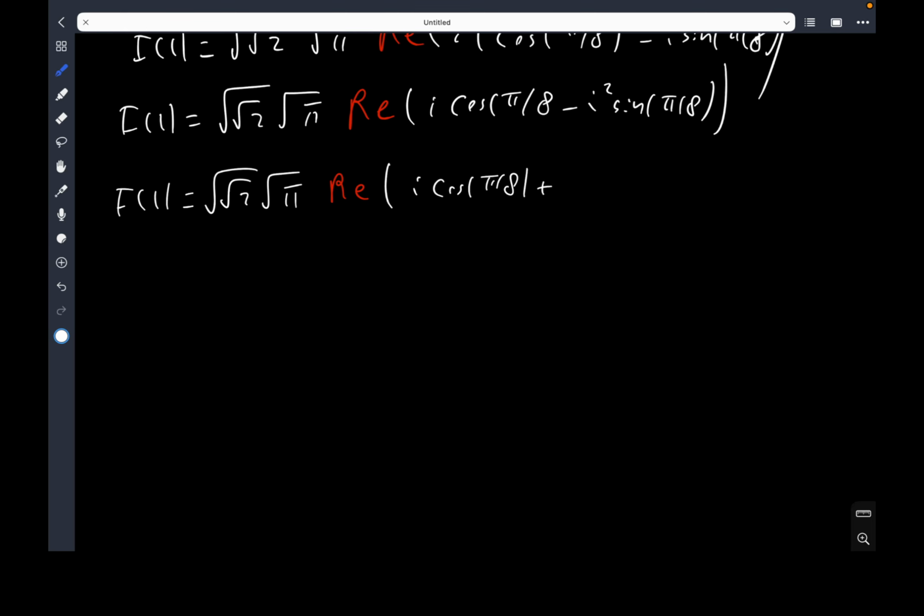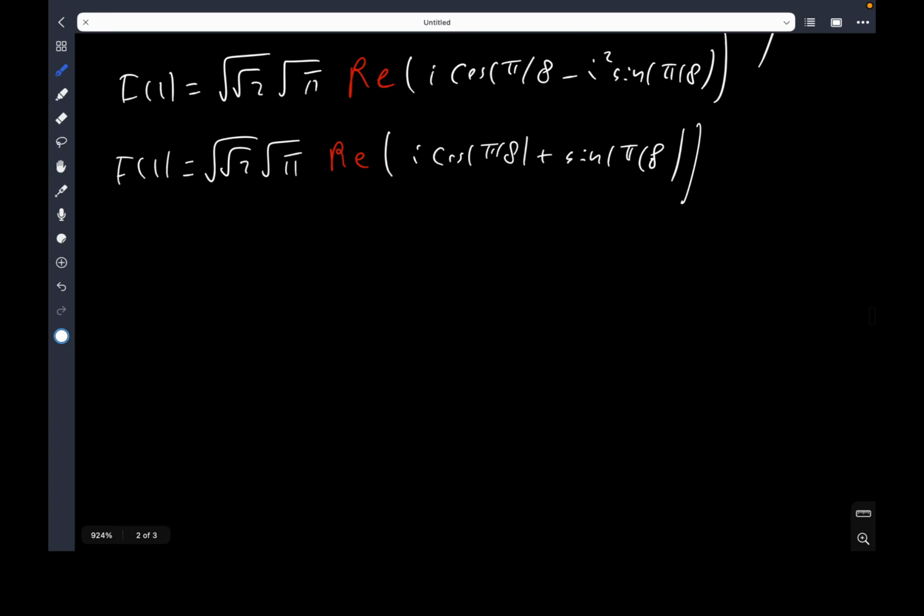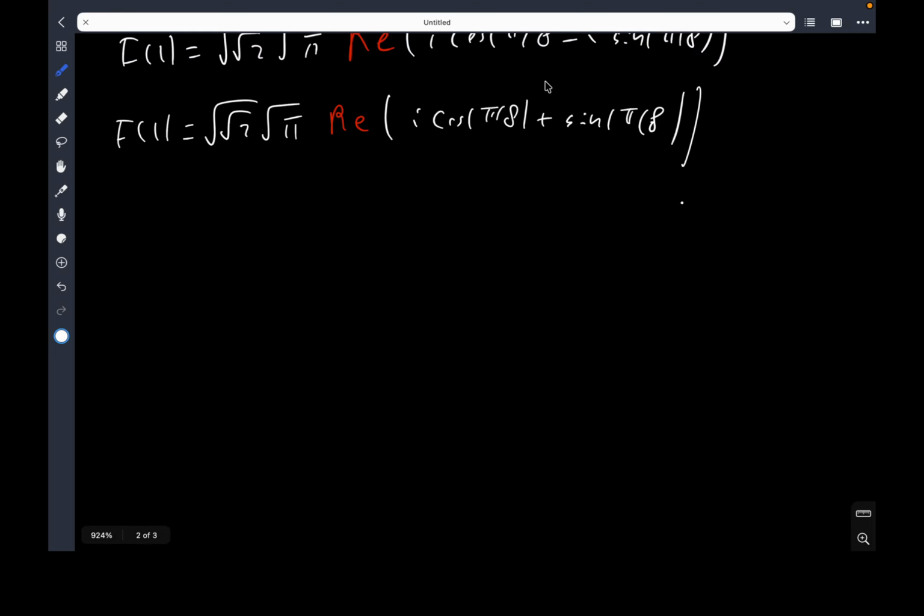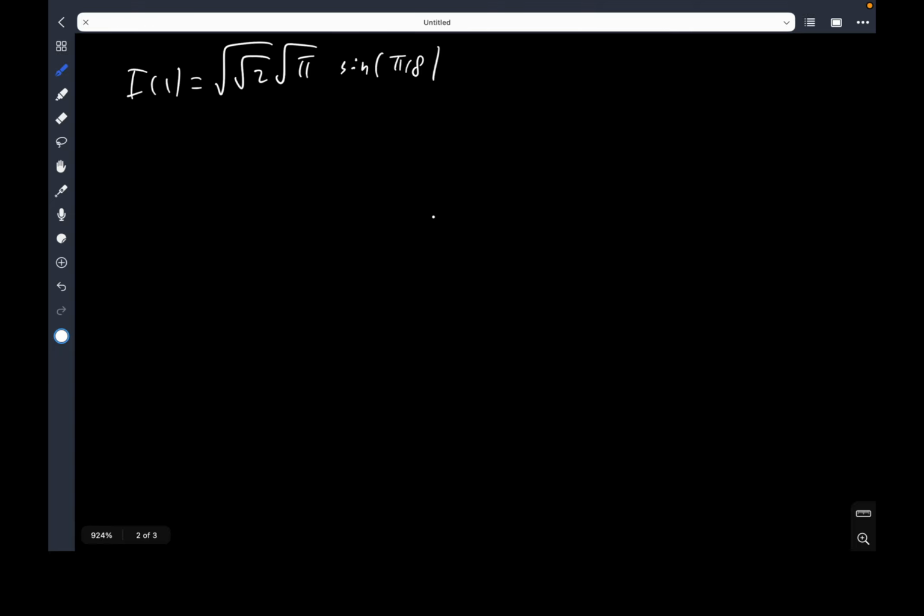Now, what is the real part of this expression? The first part is imaginary, so we only take the second part. Thus, I of 1 is root of root 2 root pi sine of pi over 8, which is equal to root pi root 2 sine of pi over 8.